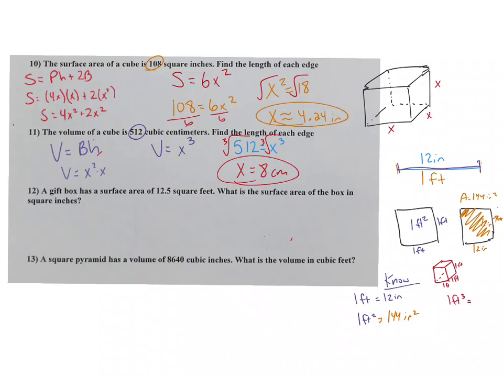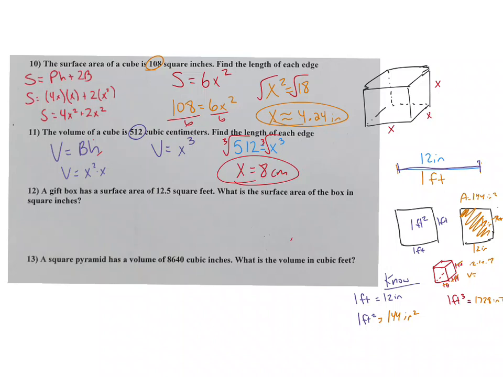Now if I change that to 12 by 12 by 12, this becomes 12 times 12 times 12, so the volume in inches is way different than the volume in feet. So 12 times 12 times 12 is 1,728. So 1 cubic foot is 1,728 cubic inches. Now we're just going to kind of use that idea.